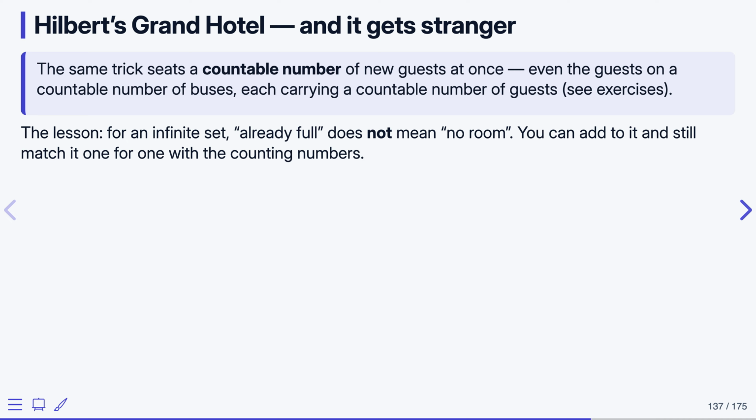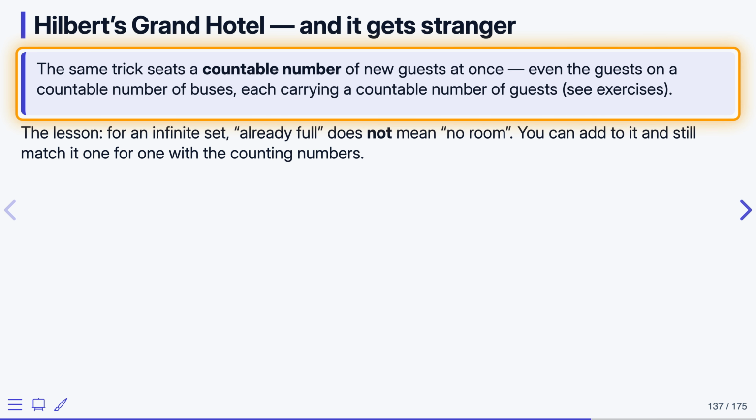The exercises walk you through how. Now the lesson to take away. For an infinite set, the words "already full" do not mean "no room." You can add to such a set and still line it up, one for one, with the counting numbers. Infinity behaves in ways that everyday intuition does not prepare you for.